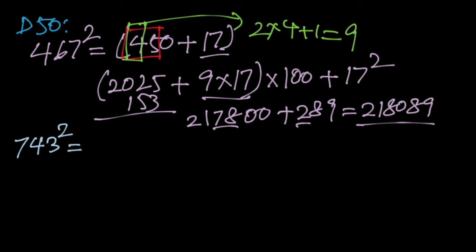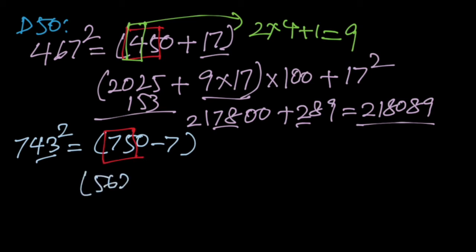Now, let us do the next number, which was 743 square. So, here our nearest 50 is 750 and 743 is 7 less than 750. So, here what we do? We take a square of this number. So, a square of 75 is 5625. How? 7 times 8 is 56, we put 25 in the front. Minus, here we have minus sign. So, we are going to do minus here.